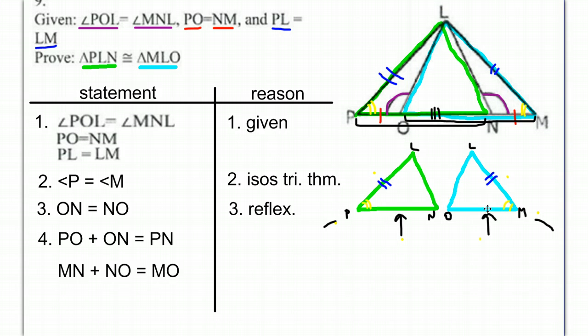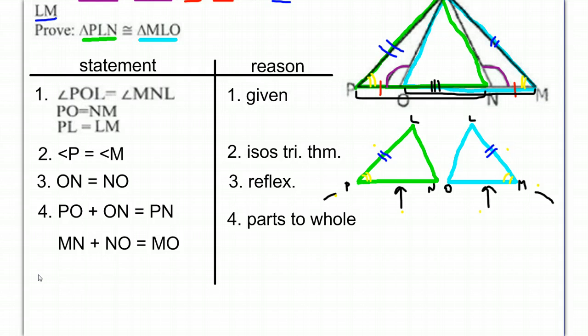That doesn't prove that these two things are necessarily equal to each other, though. We can use substitution to make that step. So before I get too far, let's write parts to whole here. Parts to whole. And our fifth step is to use substitution to prove that these things are equal.